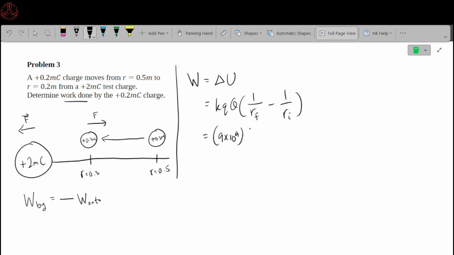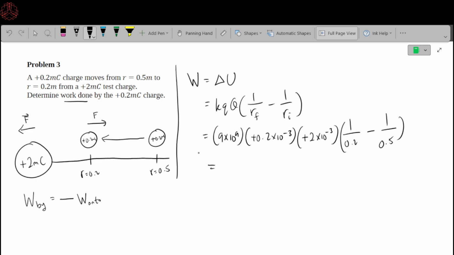The test charge is positive 0.2 millicoulomb, and a millicoulomb is just times 10 to the power of negative 3. Then I have big Q, which is the source, and that's positive 2 times 10 to the power of negative 3. And then the positions are 1 over 0.2 minus 1 over 0.5.